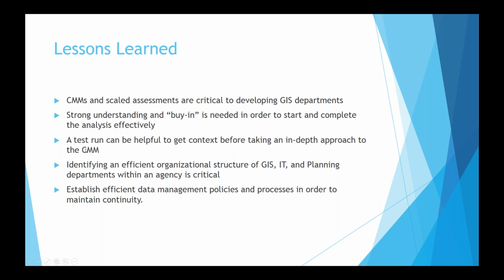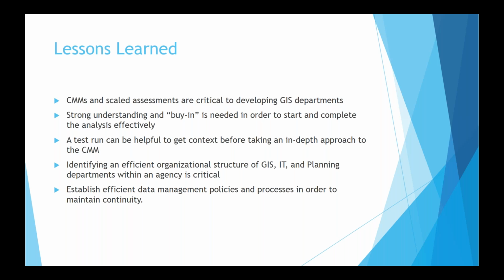And some of the things that were learned from going through this is that capability maturity models and assessments, scaled assessments, were critical in developing GIS departments themselves. In order to start and complete the analysis effectively, you needed a strong understanding and buy-in from the people helping you do the capability maturity model. Some states thought that a test run could be helpful to get some context and get an idea of how this maturity model is supposed to work.